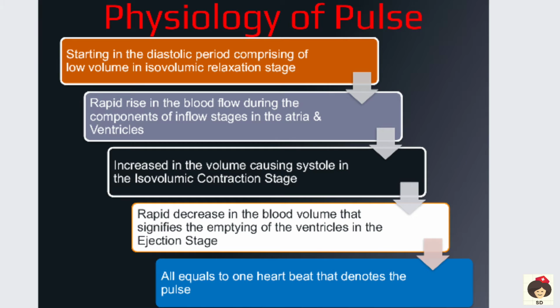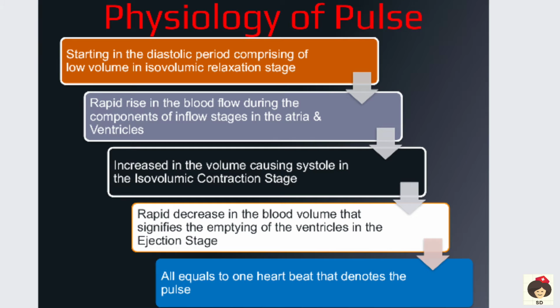Once they pass the ejection stage, there will be a rapid decrease in the blood volume, which means the ventricles are emptying because they have ejected the blood to the aorta and the pulmonary arteries.